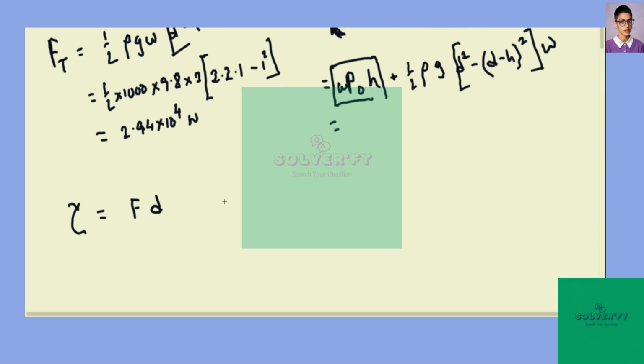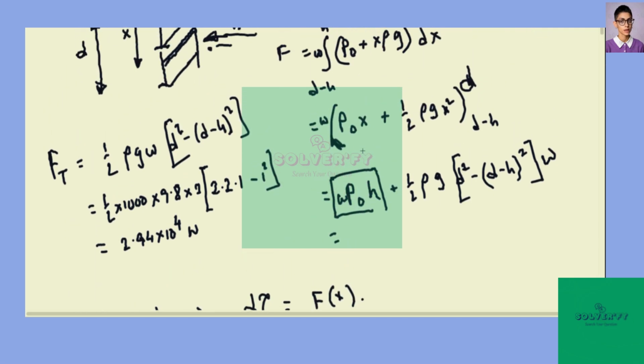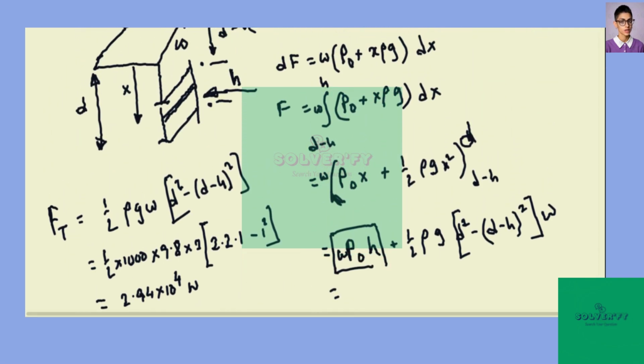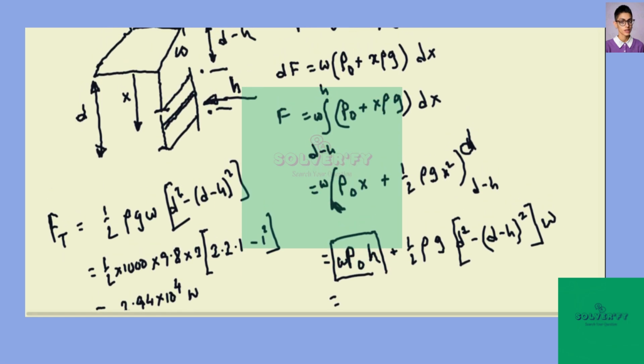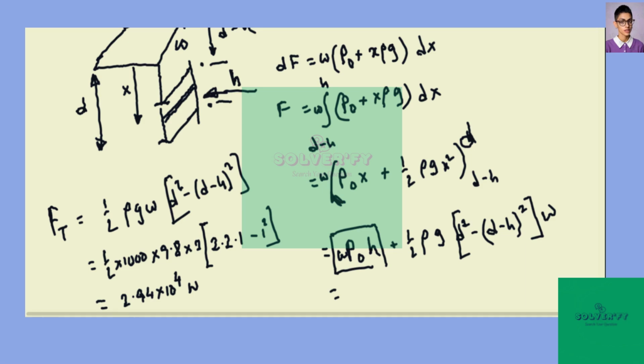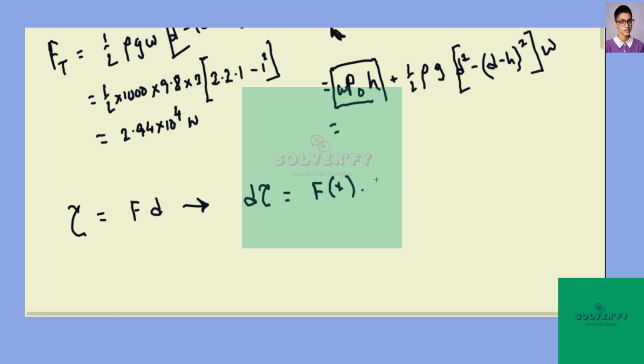In this particular case, we have to start from using the differential torque, which is the force on the differential section at a height of x, times the distance from the hinge, which is the distance over here to there, which is given by x minus d plus h.